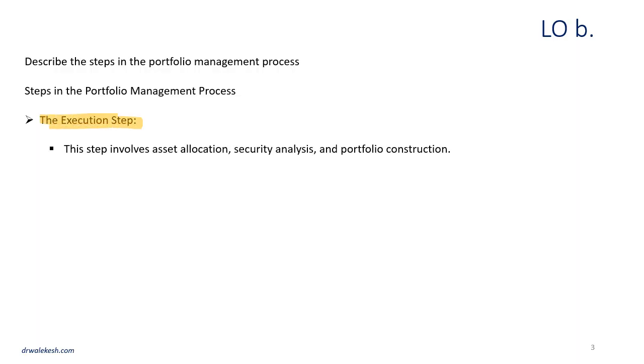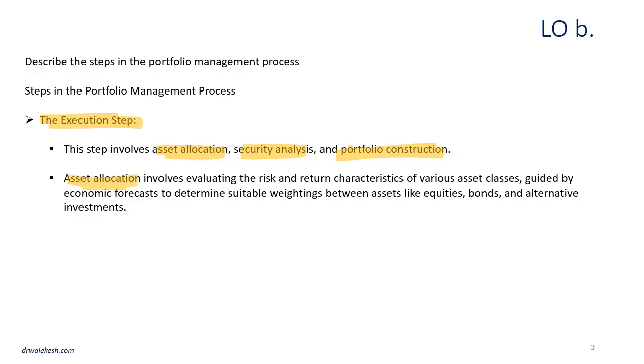Moving on to the execution step. This step involves asset allocation, security analysis, and portfolio construction. Asset allocation involves evaluating risk and return characteristics of various asset classes. These various asset classes include equities, bonds, that's fixed income securities, and alternative investment.